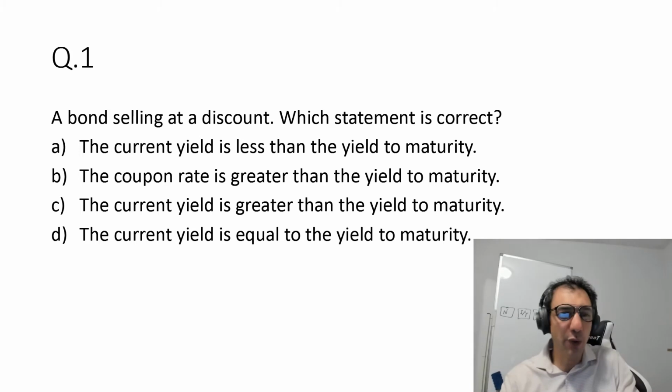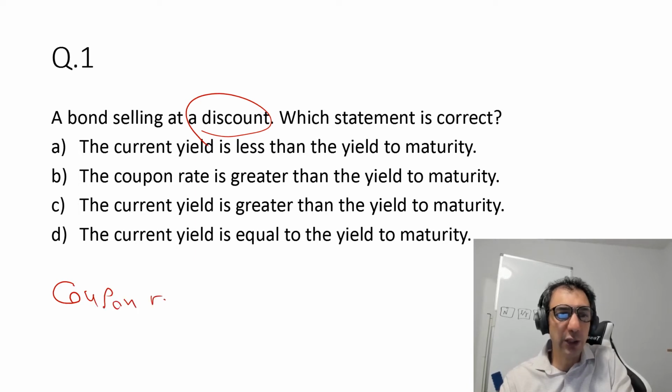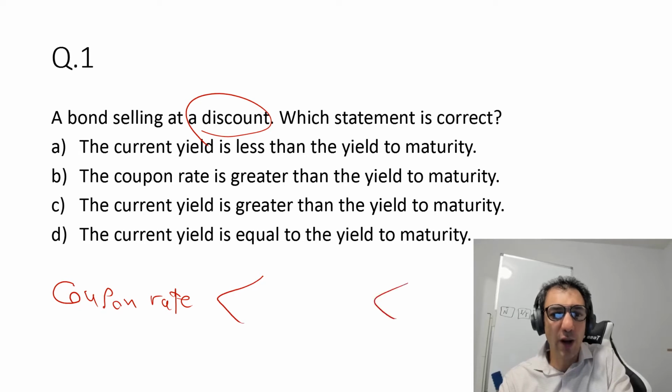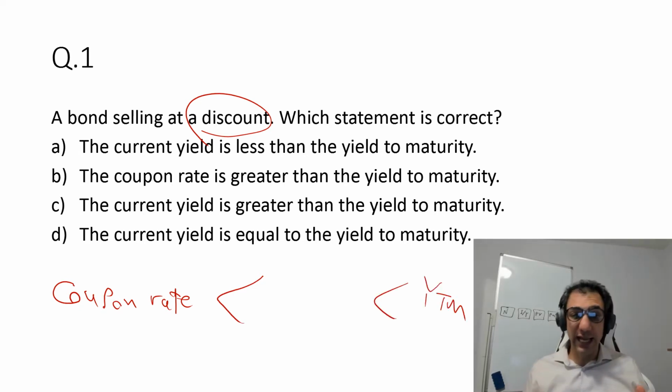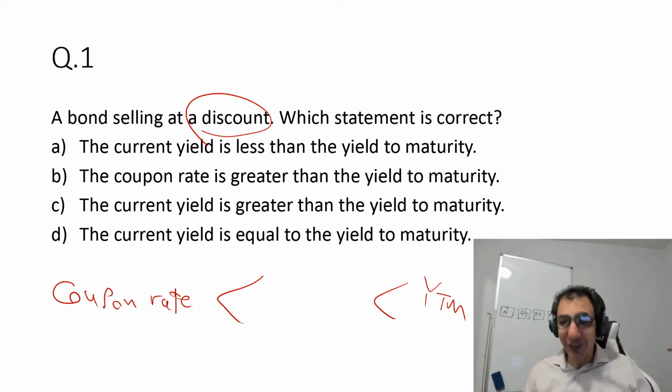We came to the point that when the bonds are sold at a discount, the coupon rate is actually less than YTM. In other words, as long as your expected return or interest rate or required return is greater than the coupon rate, which is what you receive, the bonds are sold at a discount.